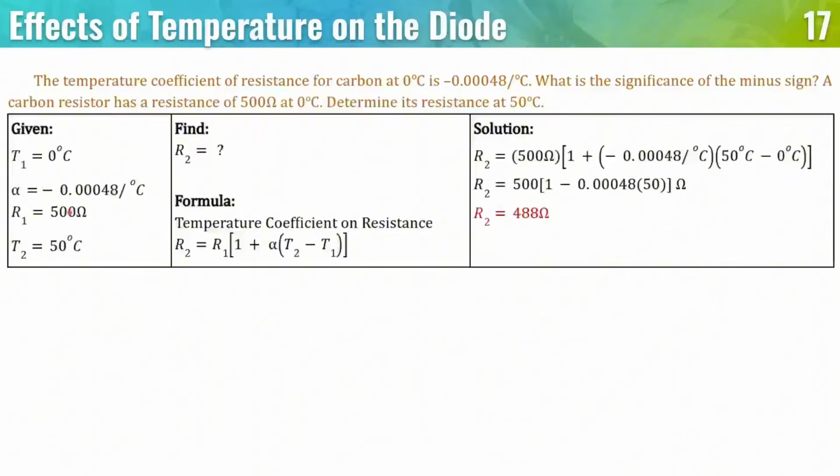Let's focus more on the significance of the minus sign. As we can see here, 500 ohms goes to 488 ohms.